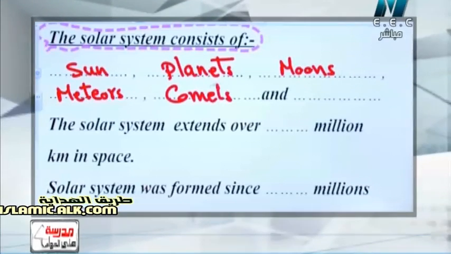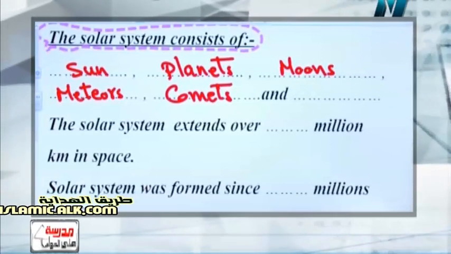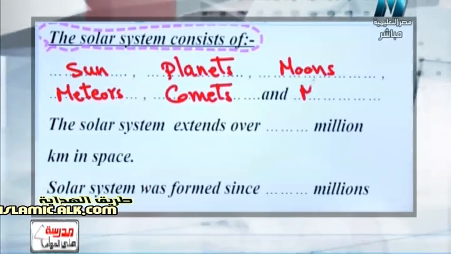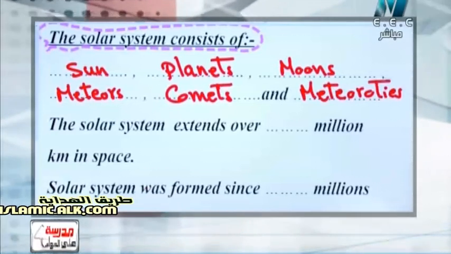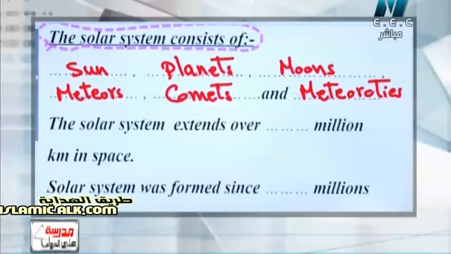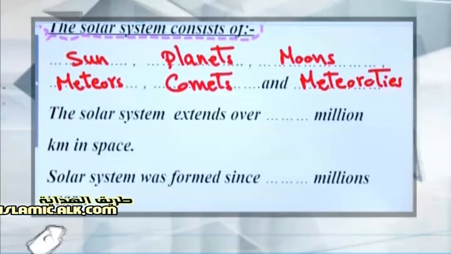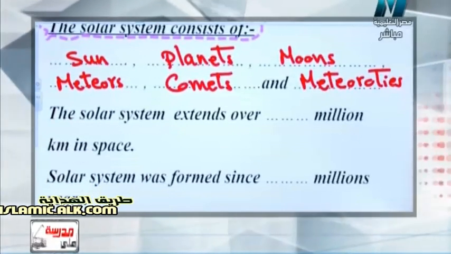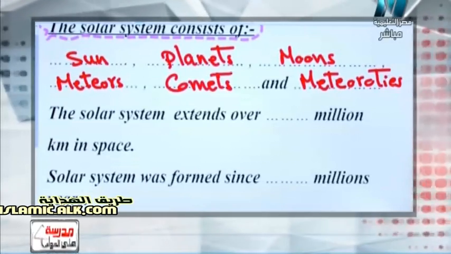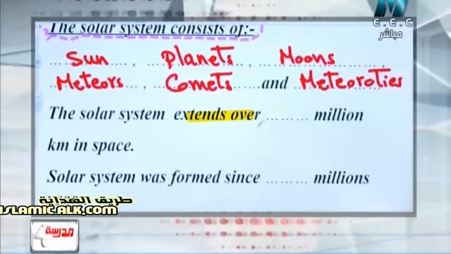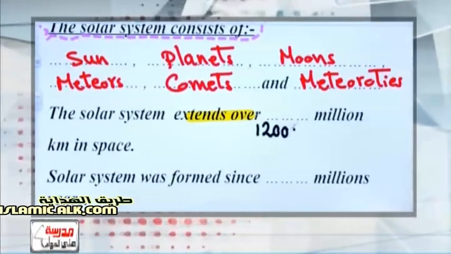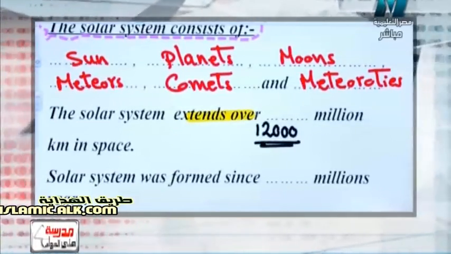We can write at least 4 components of the solar system. The solar system extends over how many? This number is very important: 12,000 million kilometers in space.